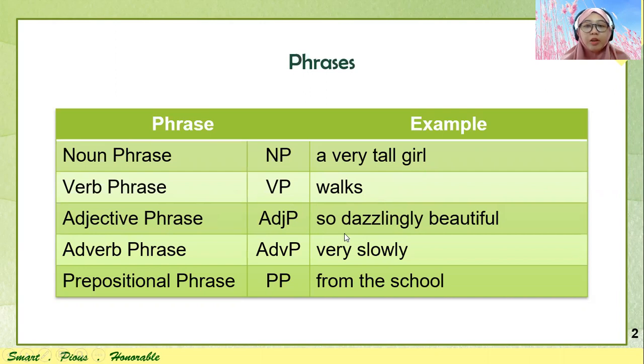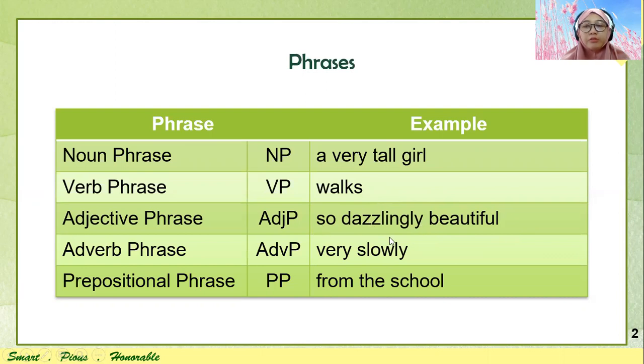For example, so dazzlingly beautiful. Jadi, even though we have an adverb here, dazzlingly is an adverb, it is arranged with an adjective. So if we unite them all, so dazzlingly beautiful, it becomes an adjective phrase. Meskipun di sini ada adverb ya.